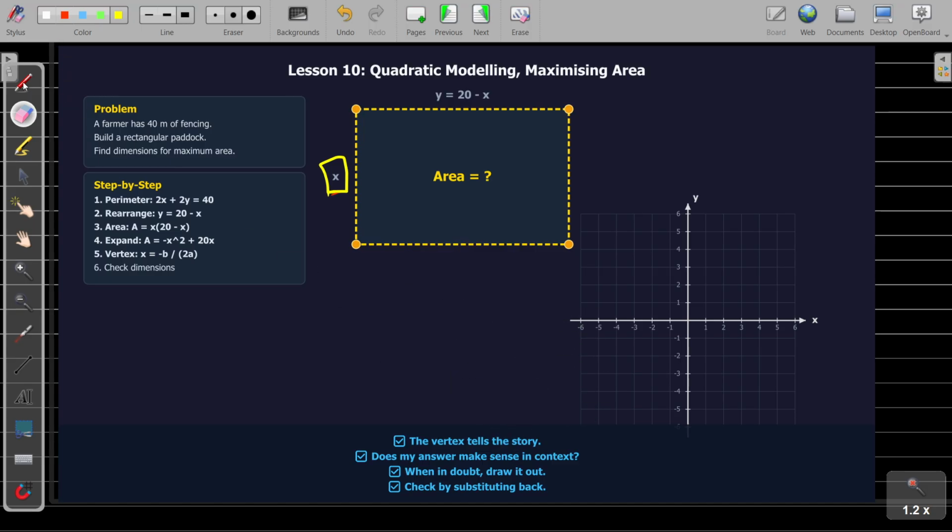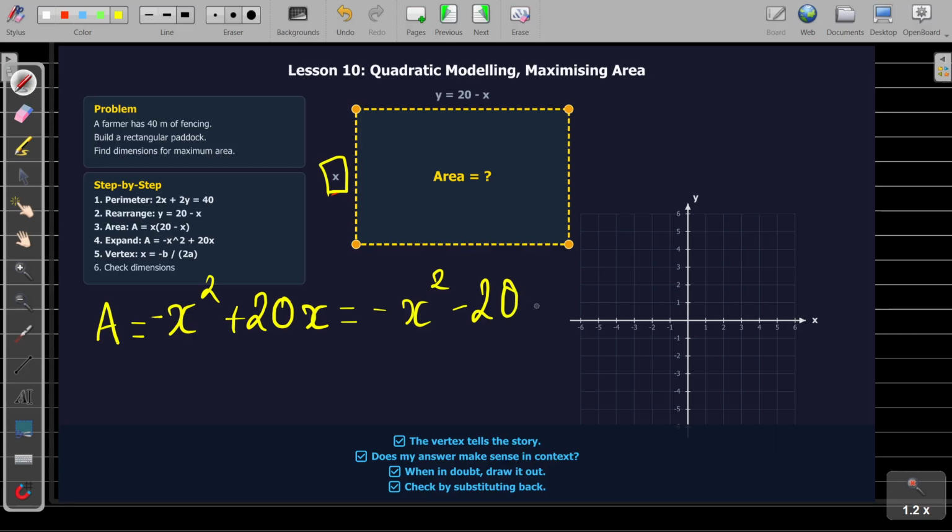So we're going to be transforming this into A equals minus x squared plus 20x. We're going to rewrite this into minus (x squared minus 20x).